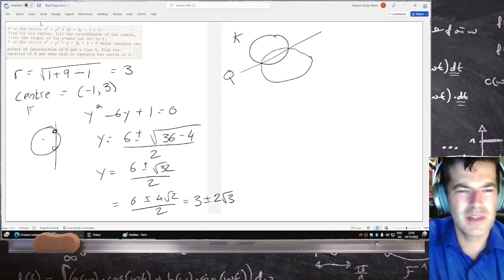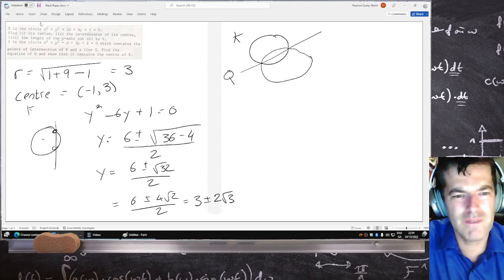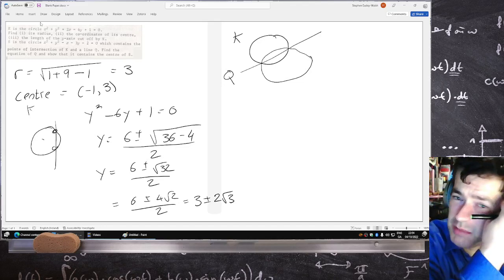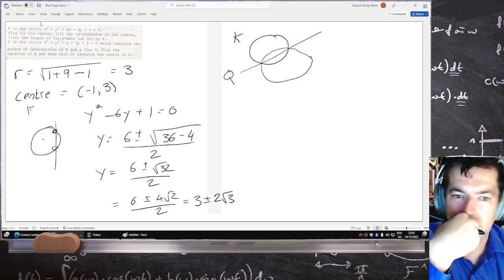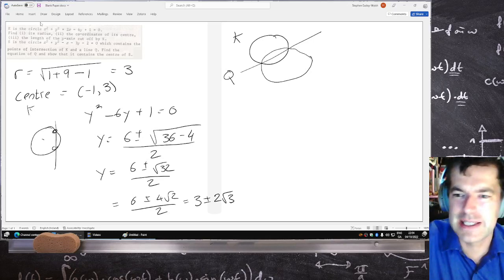So yeah, it's just a fancy way of saying that Q is a common chord. Find the equation of Q and show that it contains the center of S.